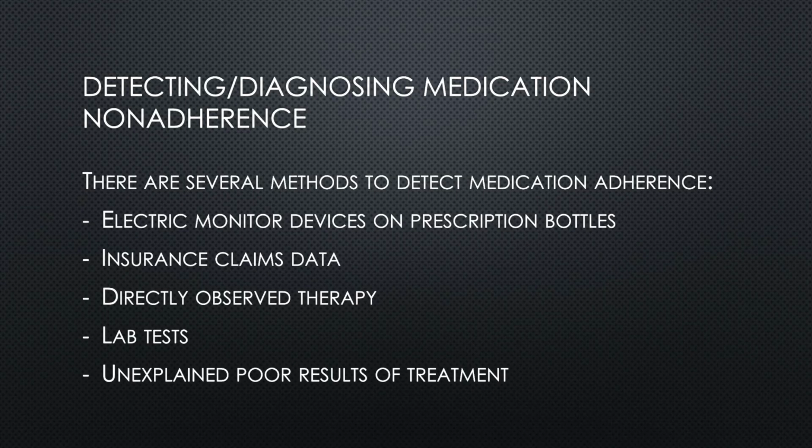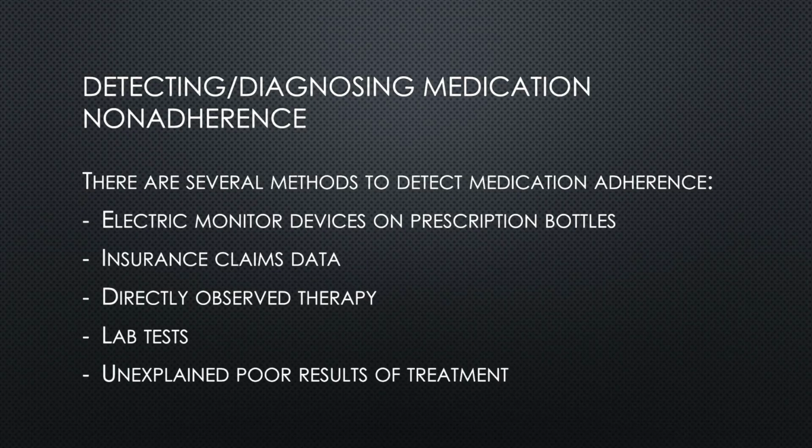Detecting and diagnosing medication non-adherence. There are several methods used to detect medication non-adherence. The first one is an electric monitor device on prescription bottles, insurance claims data, which detects non-adherence because insurance claims can track medication refills.